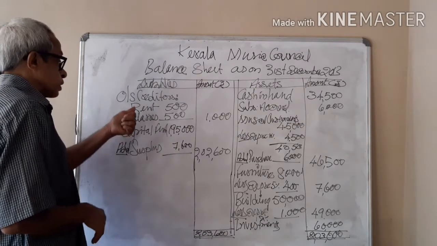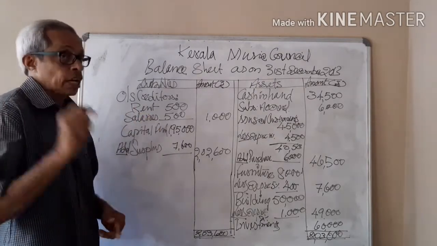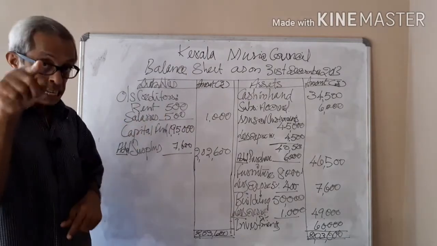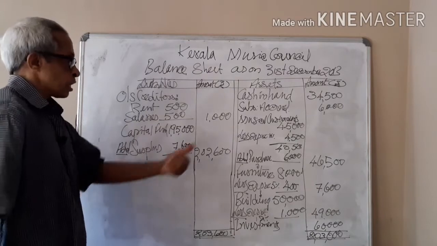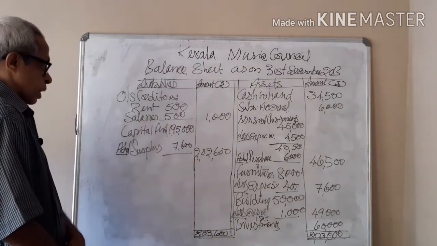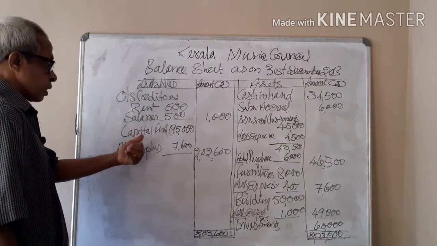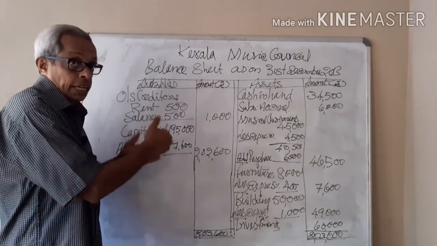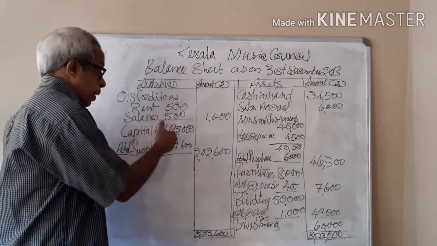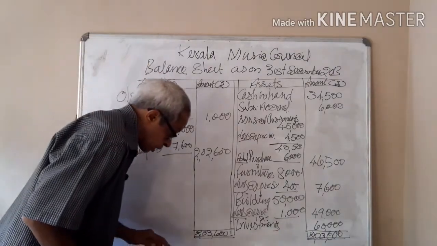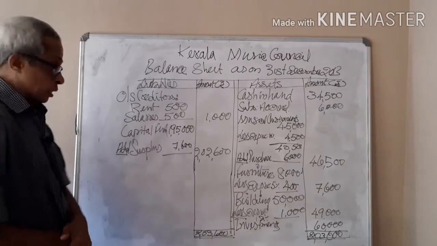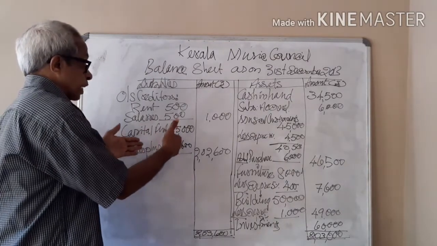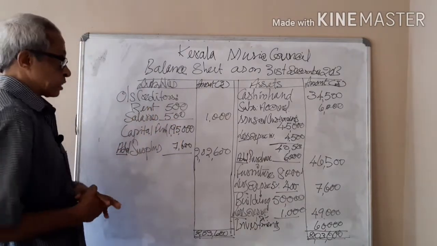That is rent outstanding, that is given in adjustments, that is 500. Salaries outstanding, also in the adjustments, that is 500, the total being 1,000. And then we get the capital fund, the amount taken from the opening balance sheet given in the question, that amounts to 1,95,000, and we add the surplus that is calculated, that is the balancing figure of the income and expenditure account.